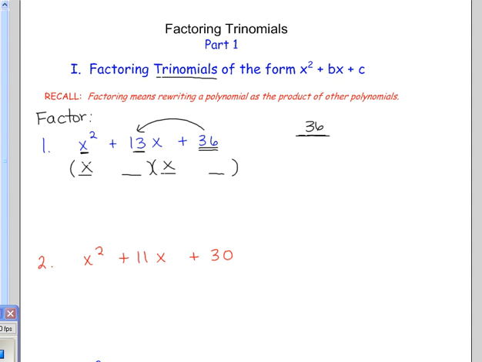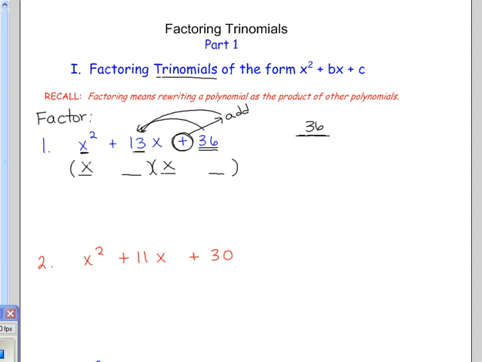Okay, this last sign in my problem is very important. This is a positive 36. That's going to tell you that you want to find 2 numbers that will add to give you the middle term.